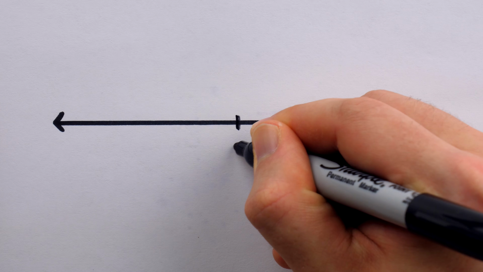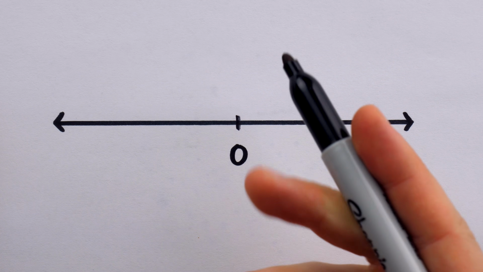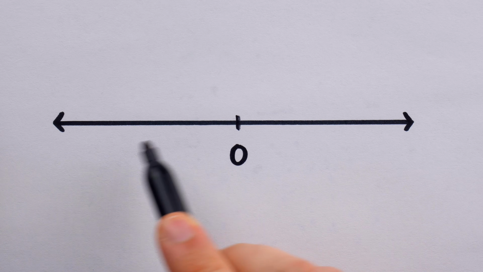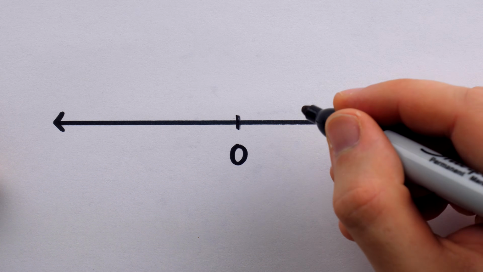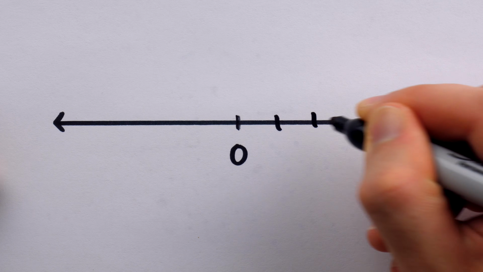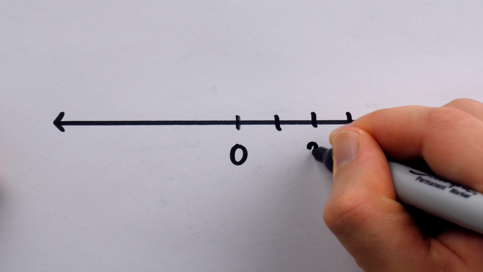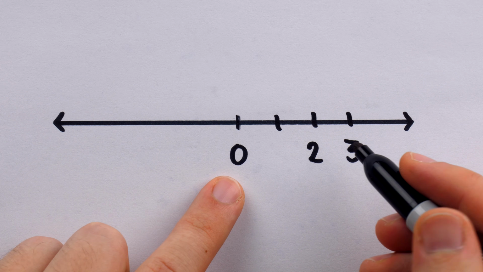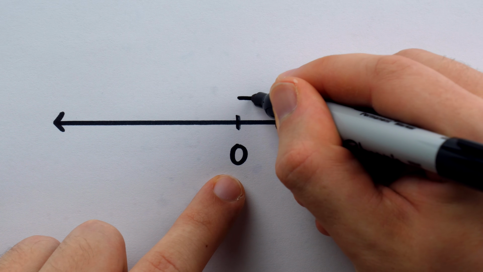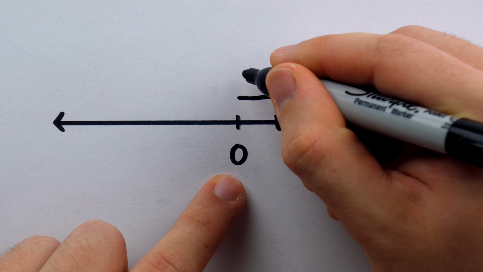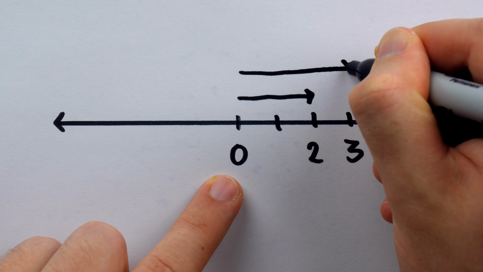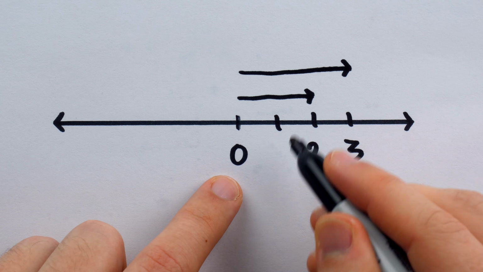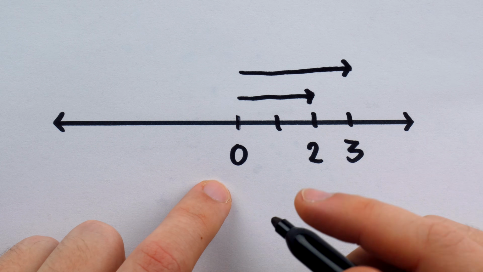Back on the number line, if we think about numbers still as being arrows pointing in their direction, then when we multiply two real numbers together, we get a positive if the numbers point in the same direction. For example, 2 and 3 can both be represented by these arrows pointing to the right of 0. They point to the same direction, and so 2 times 3 is a positive number.